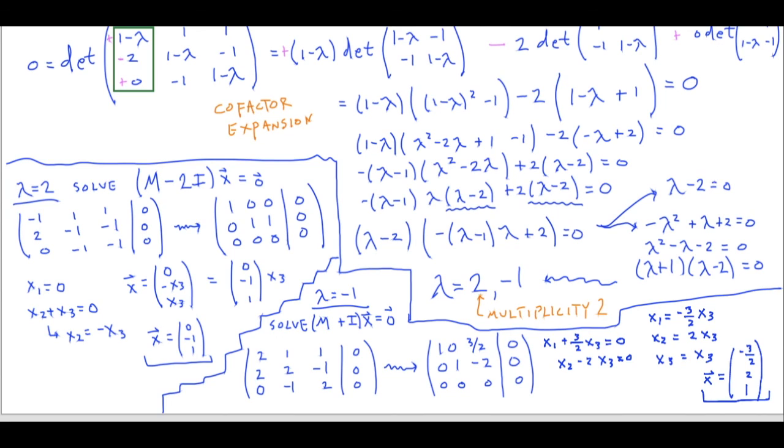And so while I kind of expected to have 3 eigenvalues and 3 eigenvectors, I really just have these 2 eigenvalues, lambda equals 2 and lambda equals -1, and then the 2 corresponding eigenvectors as indicated here.